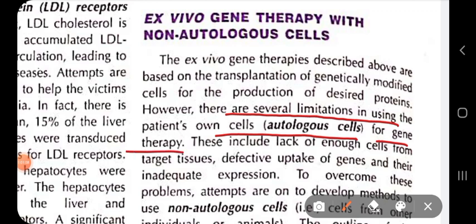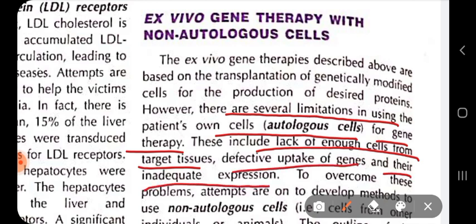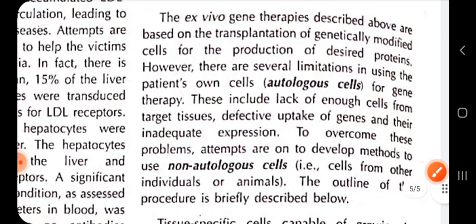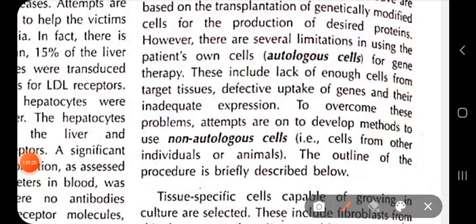And what are those limitations? Lack of enough cells from the target tissue, defective uptake of genes, and their inadequate expression. So the problem arises that we obtain the cells from the patient, and we use those cells to be transfected by our gene of interest via a vector.